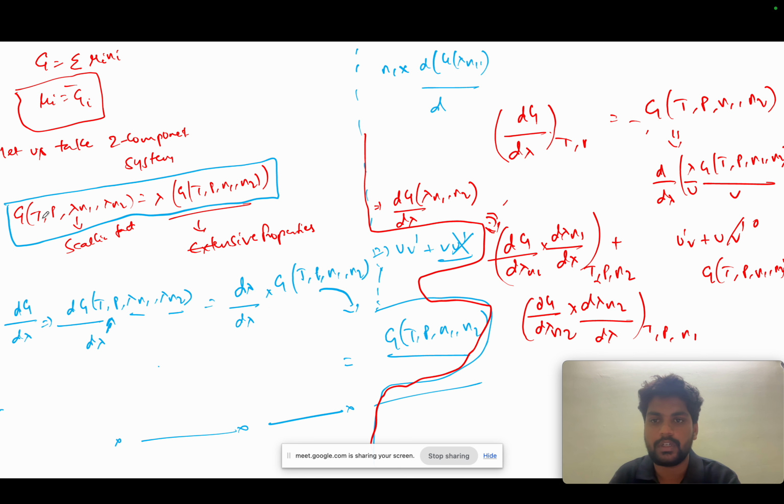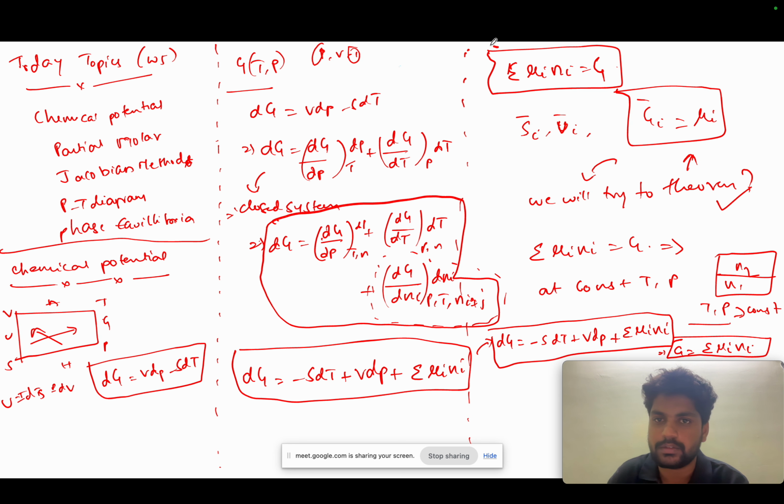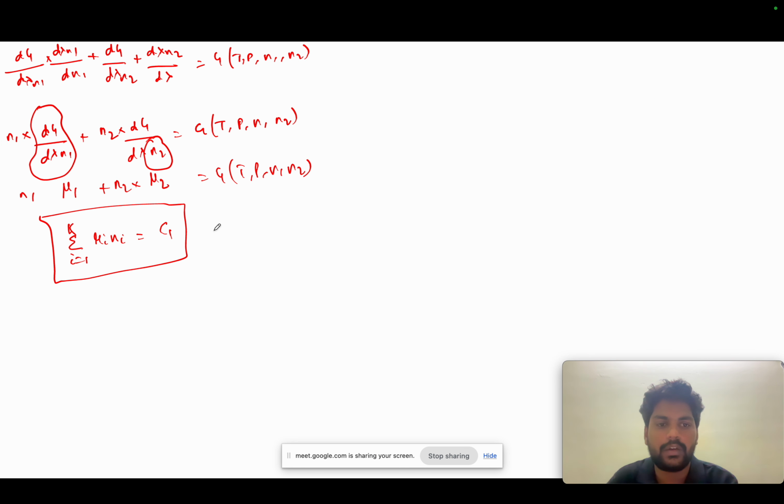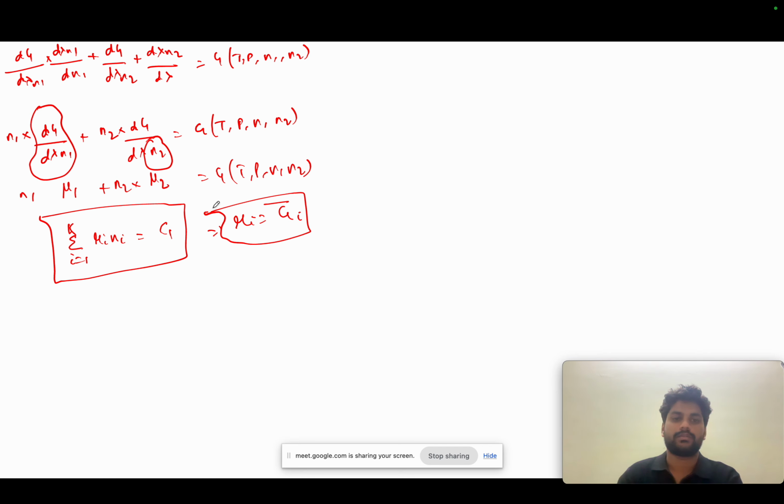This is what we said here. If we prove this, then the individual value of mu i will be nothing but the partial molar property of the Gibbs energy. Any doubts up to this? So this is how we can say that the partial molar property of the Gibbs energy is nothing but the chemical potential.